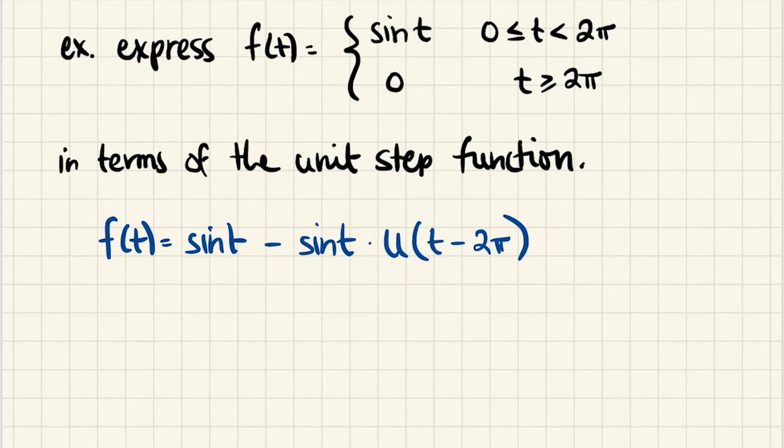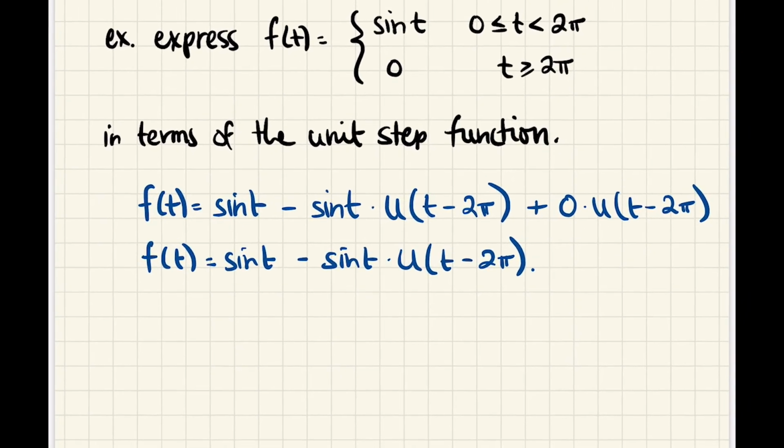It looks like it's interesting up until 2 pi, and then after 2 pi, the function's just 0. Of course, we would add at this point 0 times the unit step function t minus 2 pi. But that term is just going to disappear.